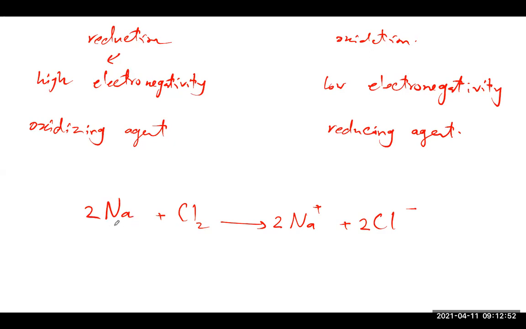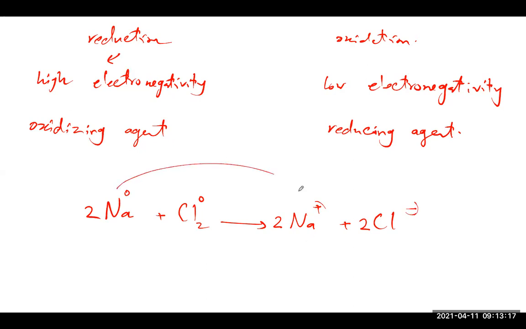It doesn't start a chemical reaction yet, it's not forming a bond, so the oxidation number will be 0. Cl2 is also an element. It doesn't form a covalent bond or any bond with any element, so the oxidation number will be 0. Here the oxidation number is +1, and here the oxidation number will be -1.